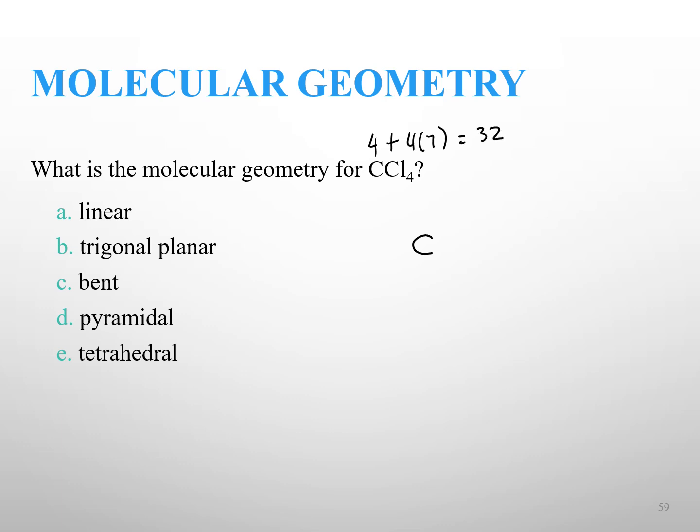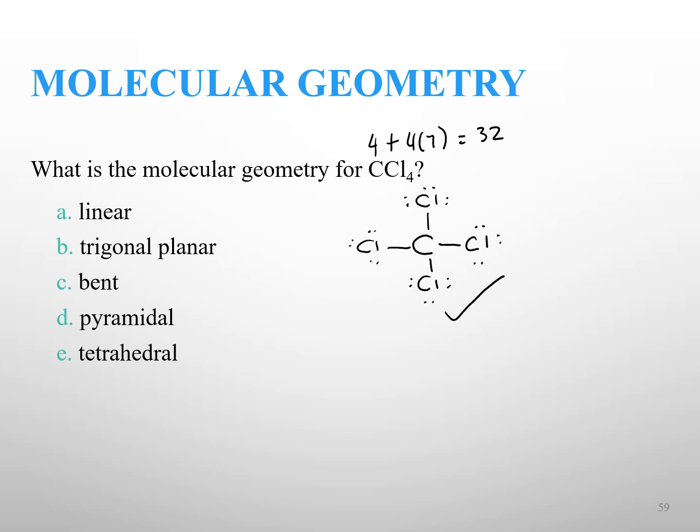If you draw them with 32 electrons, I would put Cl, Cl, Cl, Cl. You always draw the Lewis dot structure first just to see how many groups there are. Let's see if it matches. If I fill my octets in, do I get 32 electrons? Yes, because 8 times 4 is 32. So this Lewis dot structure is good.